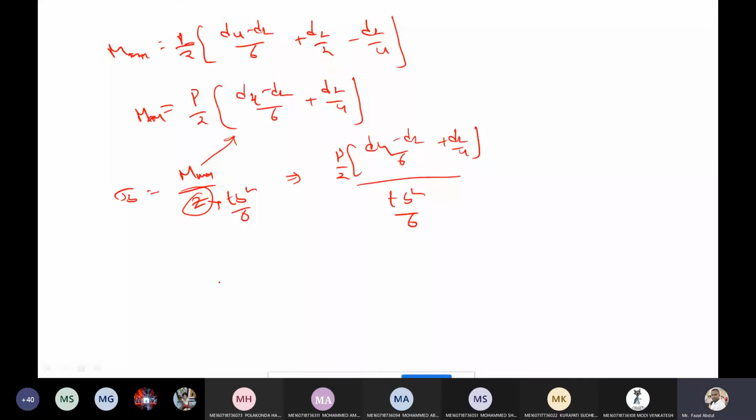With this equation, we are going to determine the sigma B value. This is called the induced bending stress, and this bending stress should be less than the permissible value.